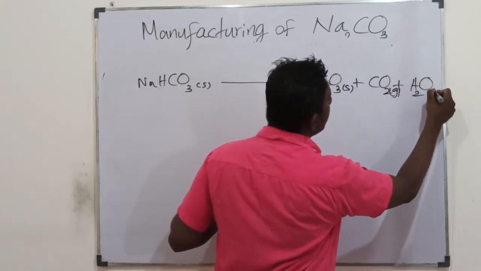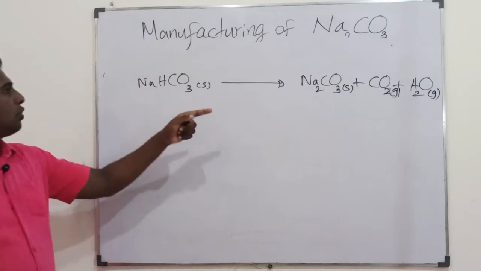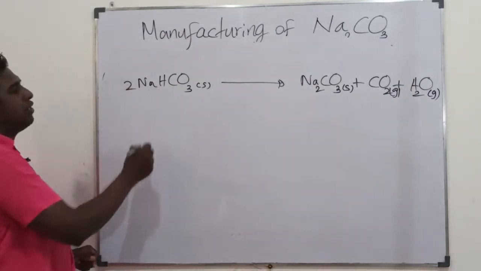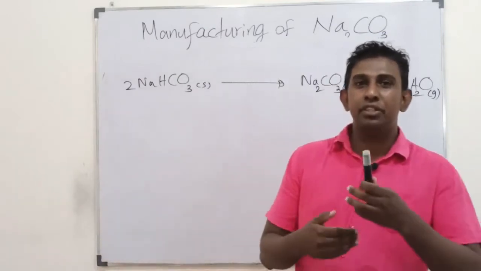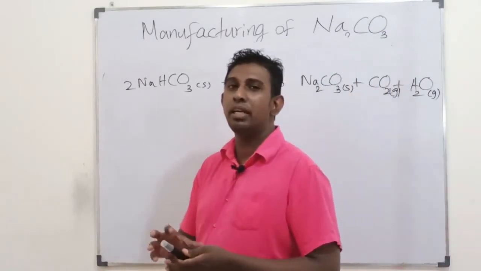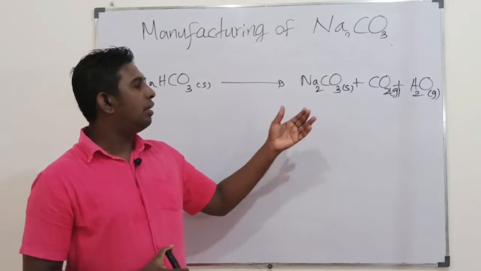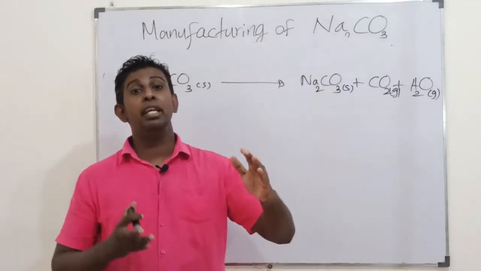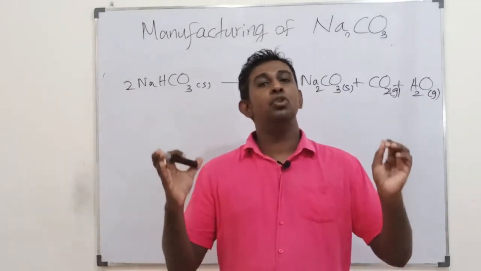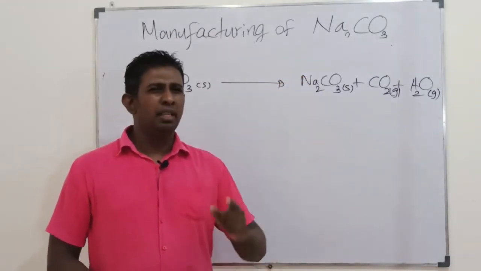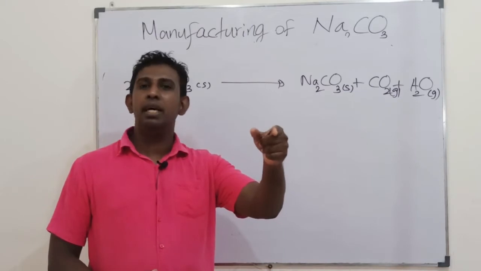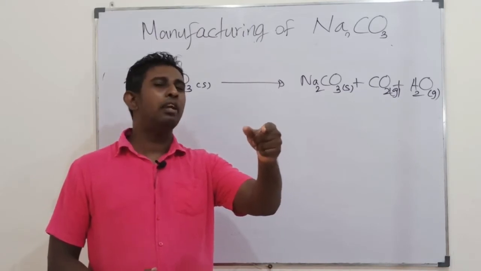You heat it hard to get sodium carbonate. When you balance this reaction, you will find 2 there. Then you would follow further steps to manufacture baking soda.